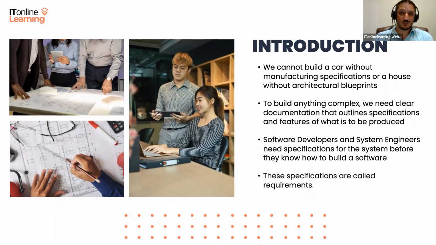And this is where the requirements come into play. These features or these details that we are putting into our software product are known as the requirements. And we need to gather these requirements before any software development can take place.